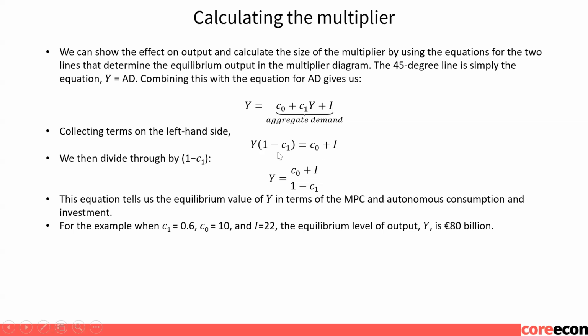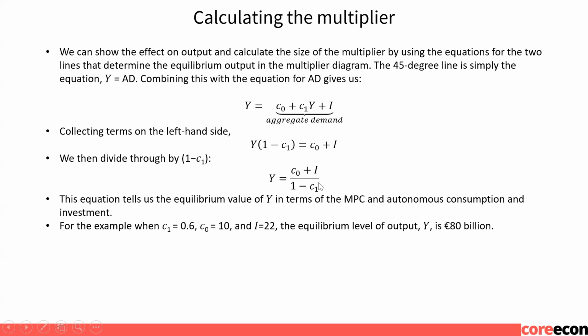Divide both sides by 1 minus C1, so you obtain Y is equal to this constant divided by 1 minus C1. This is going to be crucial because it says something very interesting. In goods market equilibrium, the national income is a function of autonomous demand, that is C0 plus I, divided by 1 minus C1, which is again a constant, right? So autonomous demand is constant, and 1 minus C1 again is a constant.